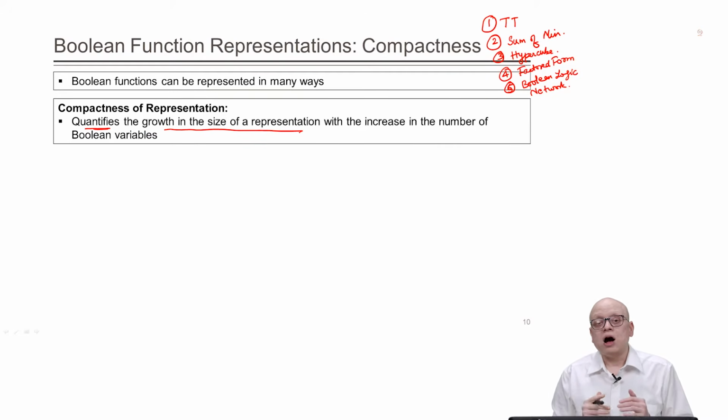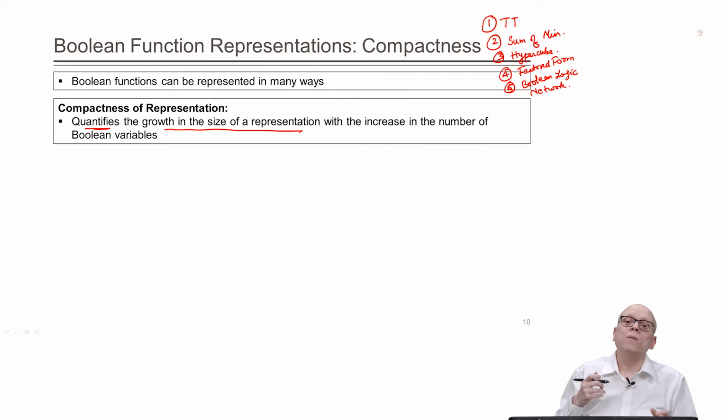So, if we increase the number of Boolean variables, say from 5 to 10, then how does the size of that representation grow? Does it grow exponentially, linearly, or so on? That is what the compactness of a representation denotes.